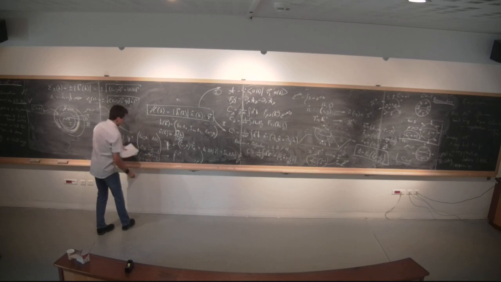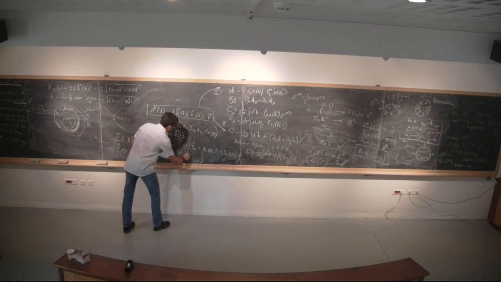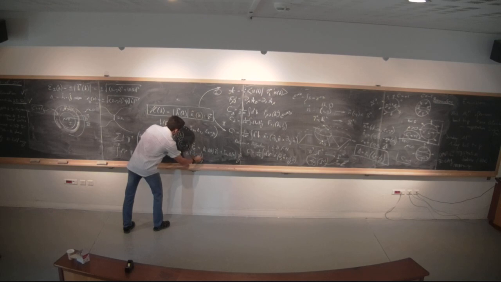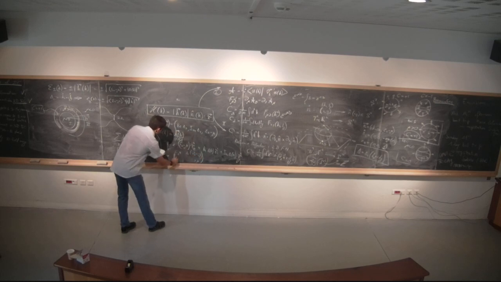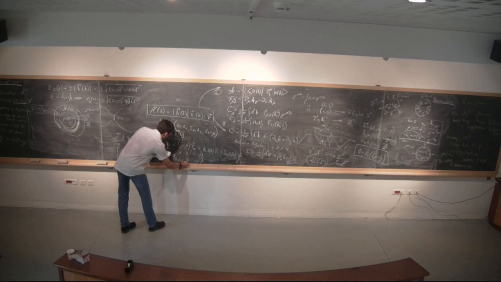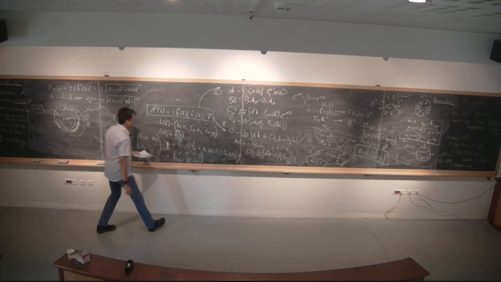The gap is a real number for now, so I will have some delta naught. And in polar coordinates, this could be written as i d theta over r, and this is going to be delta naught dr plus i d theta over r.